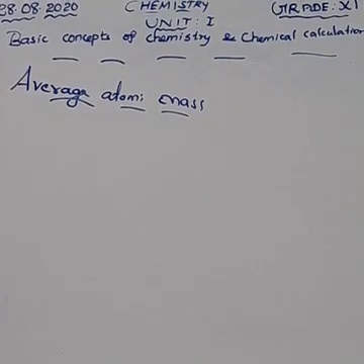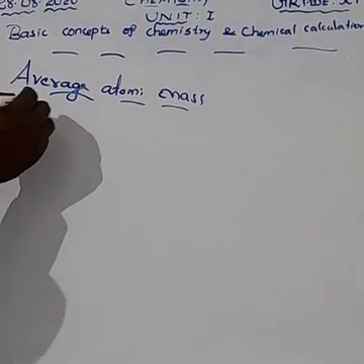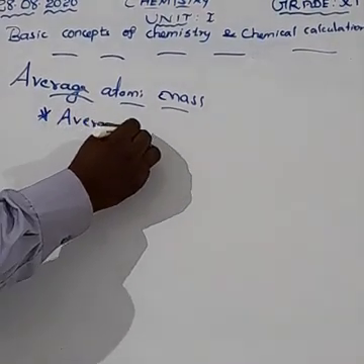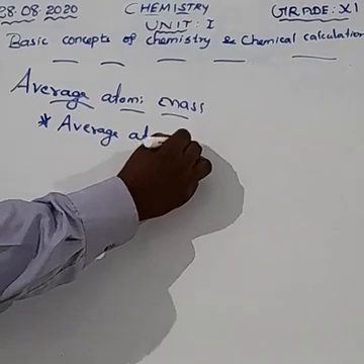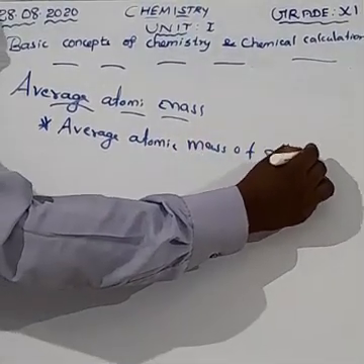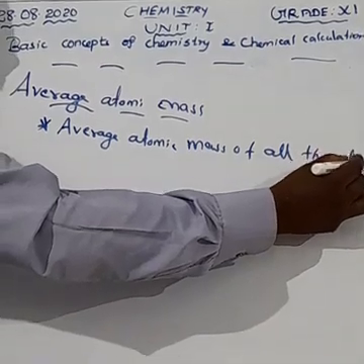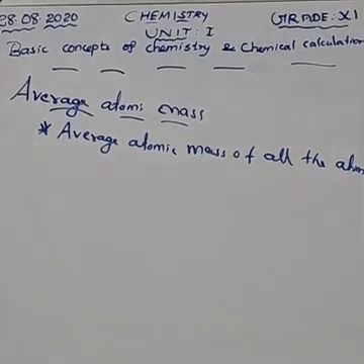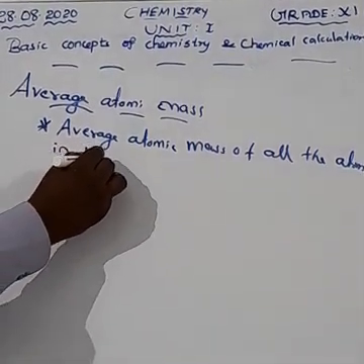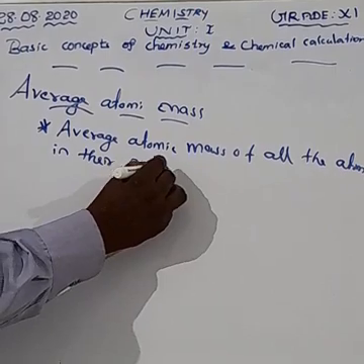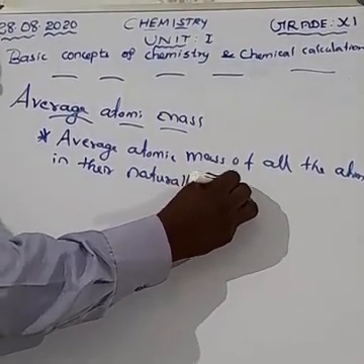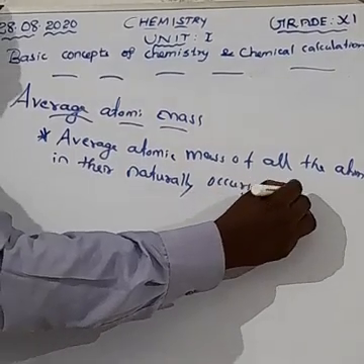It is defined as the average of the atomic mass of all the atoms in their naturally occurring isotopes.